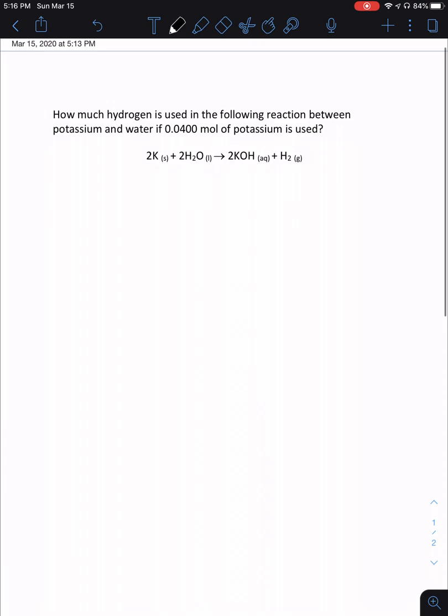We can write out our given, and it is 0.0400 moles of potassium. The unknown number is the moles of hydrogen. Because the given substance is in moles and the unknown substance to be determined is also in moles, this problem involves a mole-to-mole conversion, which we've done before.